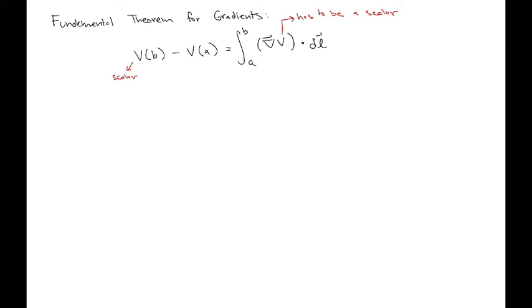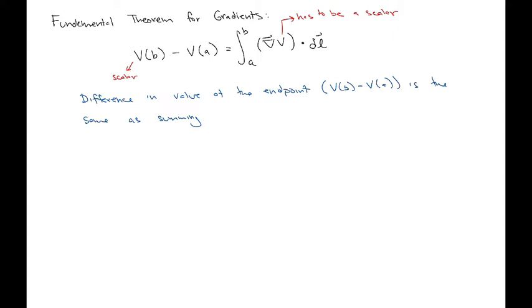Okay, so if I were to summarize this theorem, the difference in value at the endpoint, which is the left-hand side, is the same as summing, which is the integral, little steps along a path.